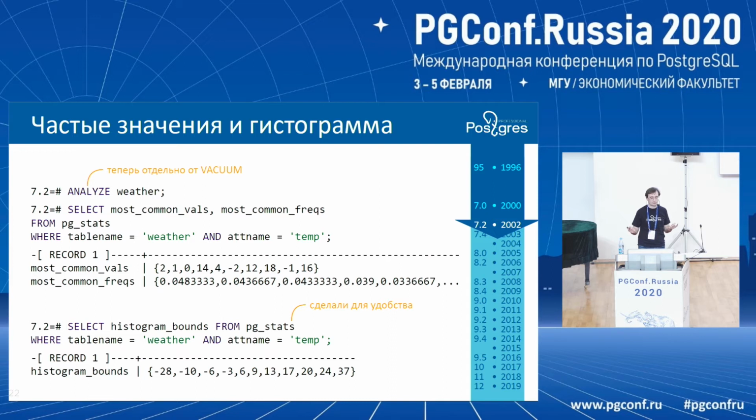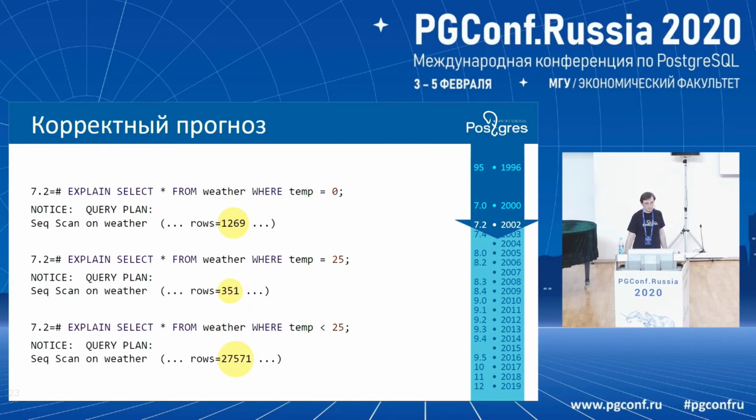The minimum and the maximum value we don't have to store, because the most left shows us minimum and the most on the right shows us maximum. This is the statistics which gives us the absolutely correct forecast based on the conditions which we reviewed earlier.